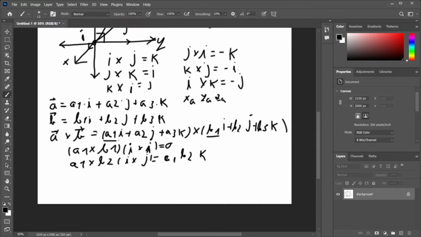But next, we're going to have a1 i and b3 k. You can see right here minus j. So we're going to have a1 times b3. I'm going to put this in front, j.